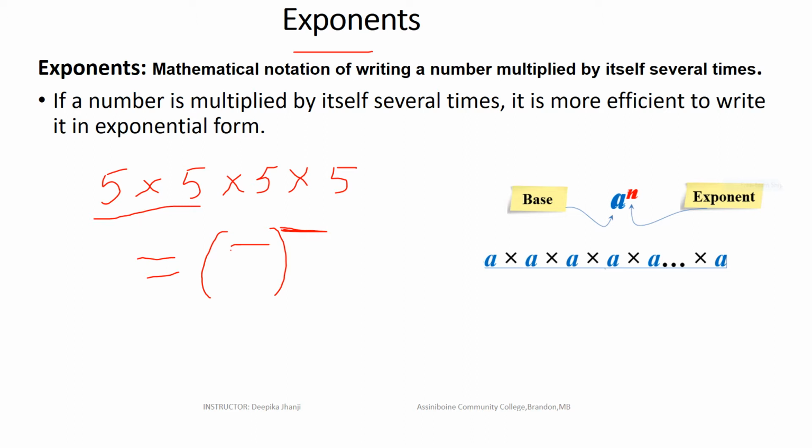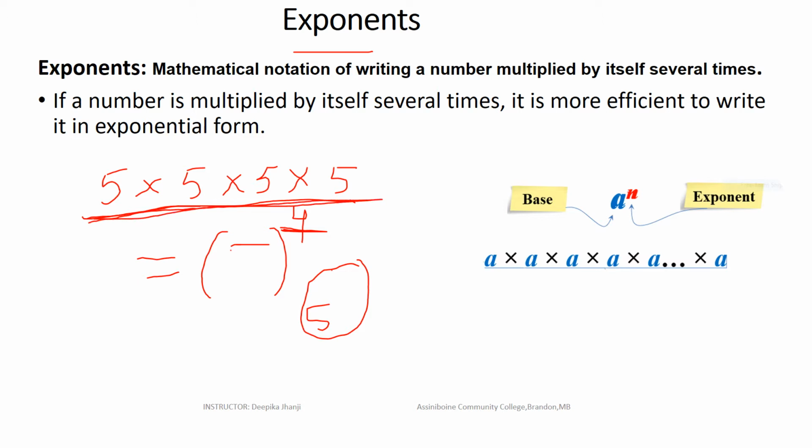How many times is this number being multiplied? 4 times, so that number 4 goes in the power. So your mathematical notation becomes 5 raised to power 4. This is the exponential form of writing this product.